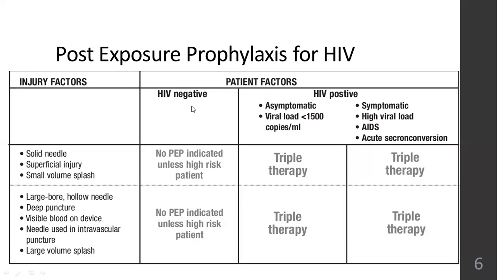But post-exposure prophylaxis is something you have to take care of 24/7, at any time of the day. Whenever you get a needle stick injury, if you can procure the needle, keep it aside and send it to the lab for testing as well. Send your blood sample to the lab. Go to the emergency department of your hospital and get the post-exposure prophylaxis done.